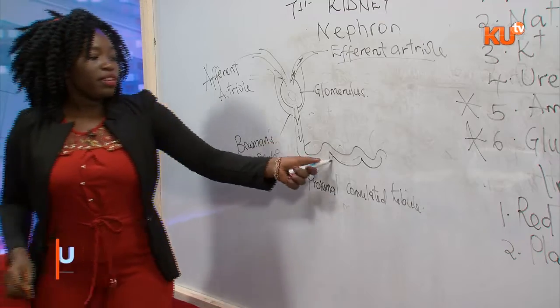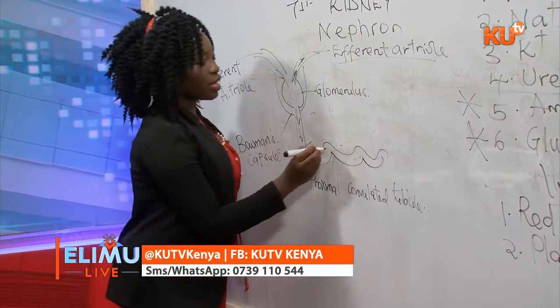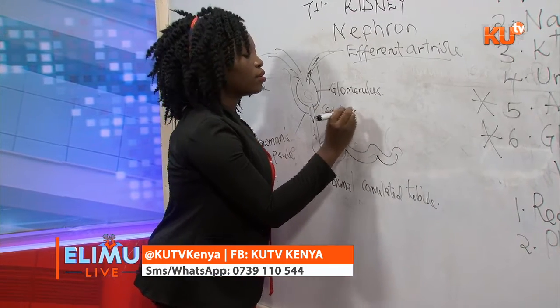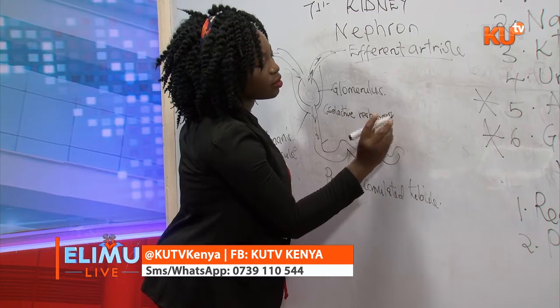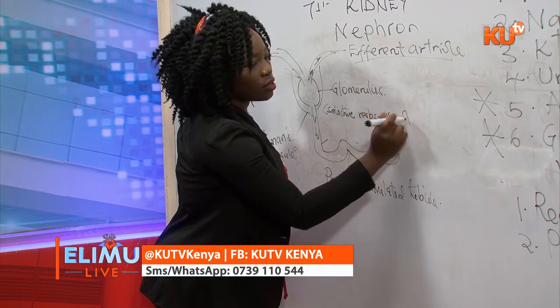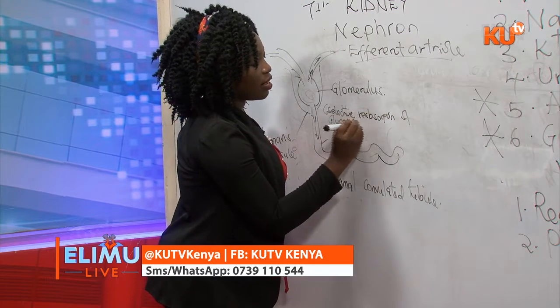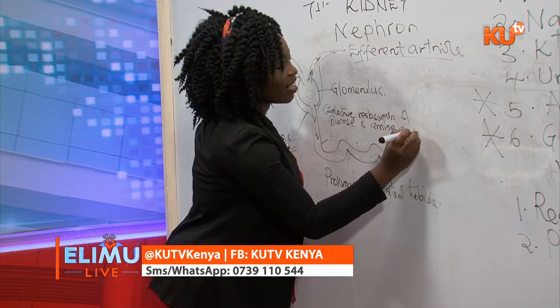This is the proximal convoluted tubule, and what happens here is the selective reabsorption of glucose and amino acids.